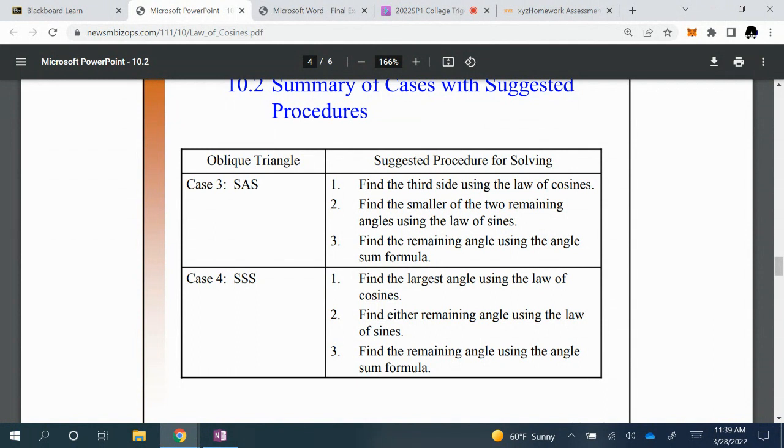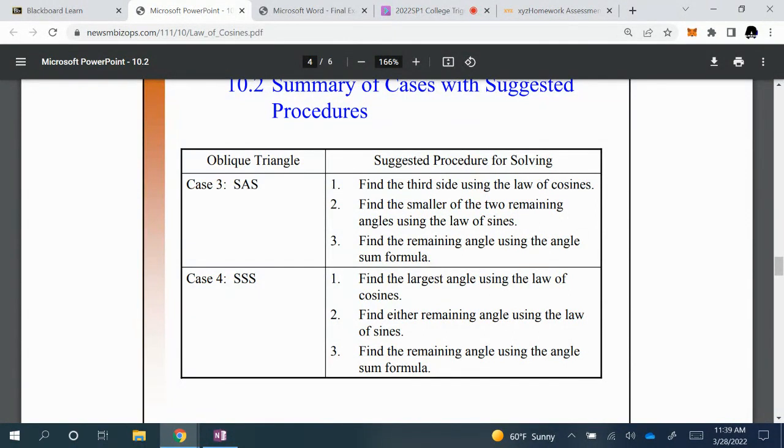So we talked about earlier some triangle facts. The largest angle is opposite the largest side and the smallest angle is opposite the smallest side. So after you find the third side using the law of cosines, you should then find the smaller of the 2 angles using the law of sines. And then the third thing you should do is find the remaining angle using the angle sum formula.